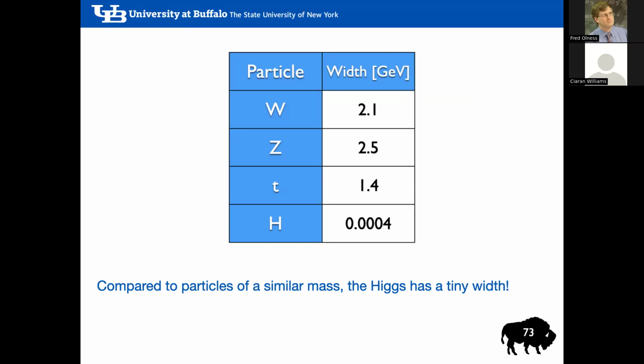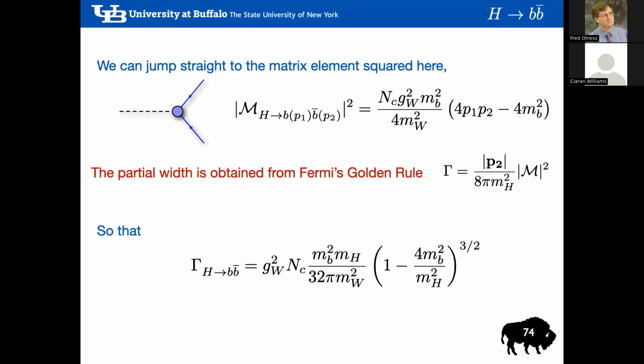The W, the Z, and the top all have widths of order a percent of their mass, right? So they have a width of 2 GeV or 1 GeV. But the Higgs then has this tiny, tiny MeV width. So it doesn't look like its friends. It's the odd one out of the party. And so the question is, why is that? This would have been a good question to ask last night.